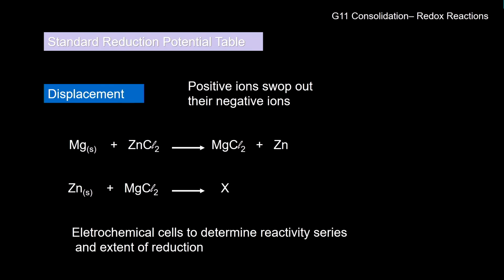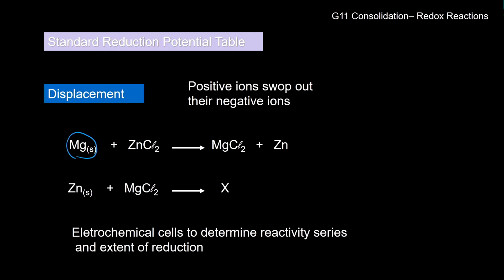If we look at displacement reactions, we can see that the negative ions are replaced. They're swapped out as they join onto a positive ion. So let's have a look at the screen, and we can see that I've got magnesium metal here.